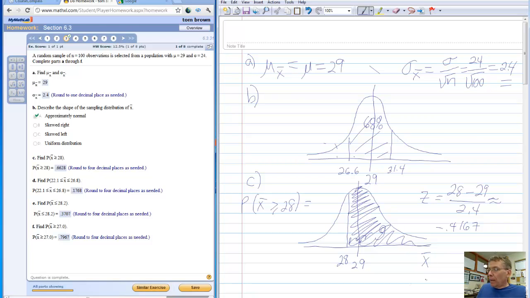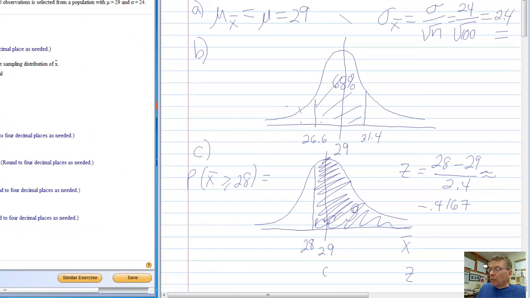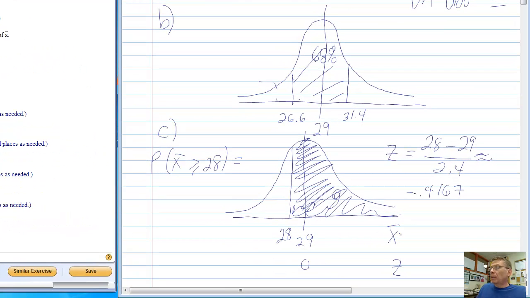The way to think about this is that I'm going to convert this problem in the x bar world to a problem in the z world. In the x bar world, I'm interested in knowing how much area is to the right of 28. In the z world, I'm interested in knowing how much area is to the right of minus 0.4167.